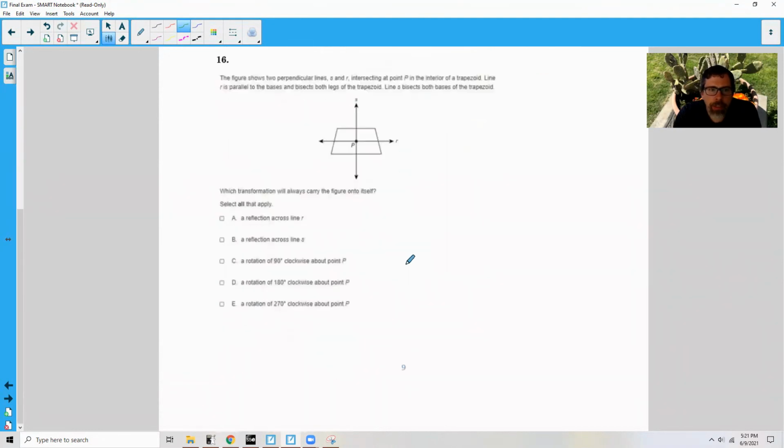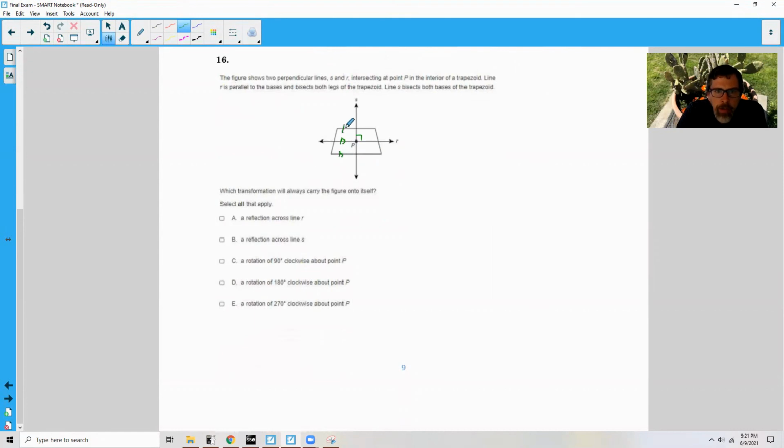All right, number 16, the figure shows two perpendicular lines, S and R. Okay, so they're at a 45-degree angle, like so, intersecting at point P in the interior of a trapezoid. Line R is parallel to the bases. Okay, so notice how I'm doing this. I'm labeling everything it says.